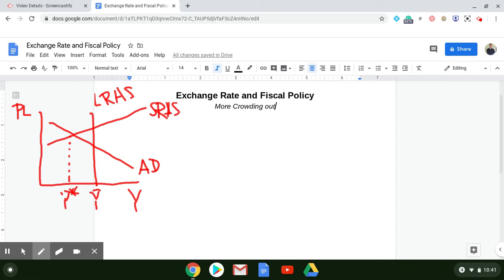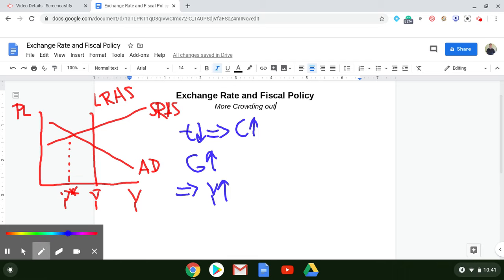The government wants to use its tool in its back pocket, which is to decrease taxes, which will increase consumer spending, or just increase government spending, or both, to increase the output.